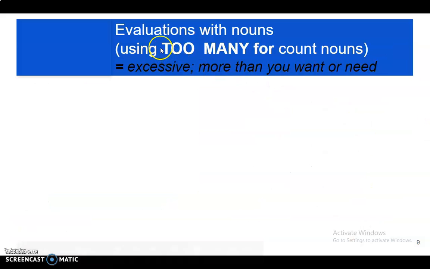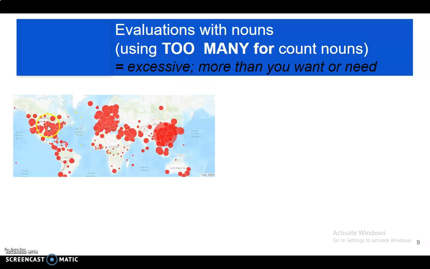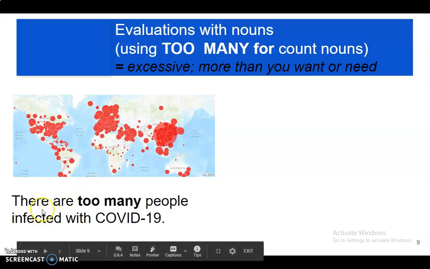Now let's talk about evaluations with nouns, but this time using too many. Too many is used for count nouns. This is a global view of the countries with coronavirus cases. So we could say that there are too many people infected with COVID-19.